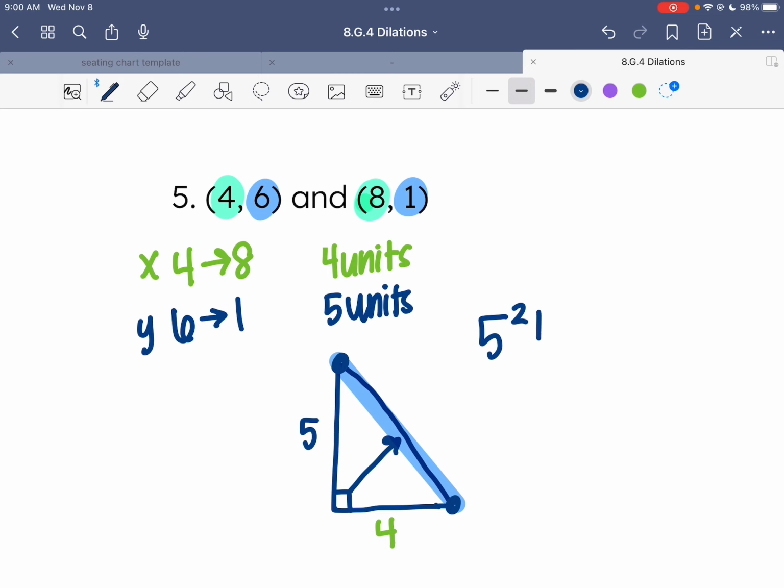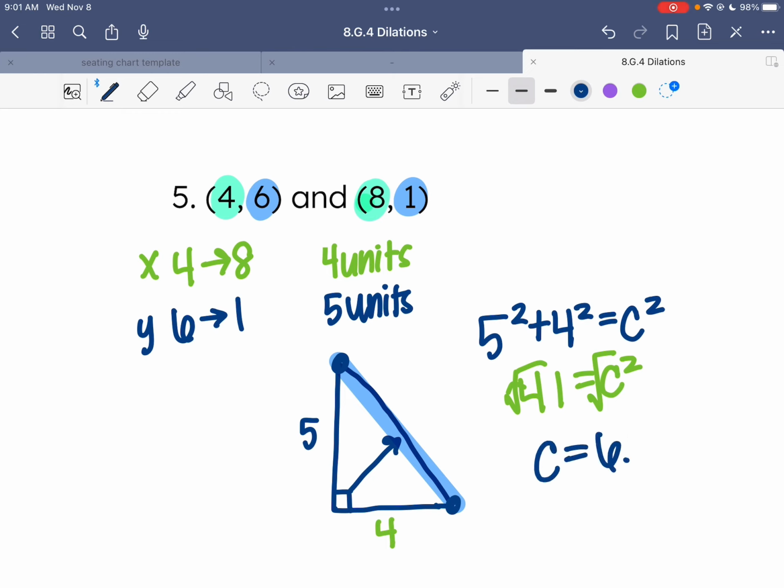So we have 5 squared plus 4 squared equals c squared. 5 squared plus 4 squared is 41. When we take the square root of both sides, we get the square root of 41, which is approximately 6.4. So C is equal to 6.4.